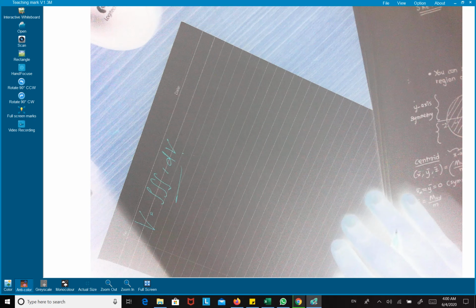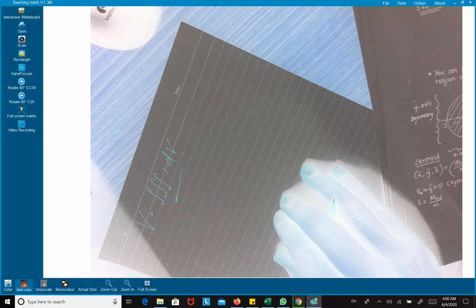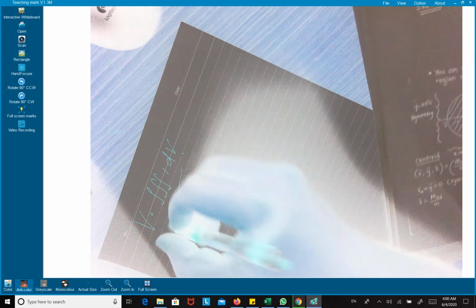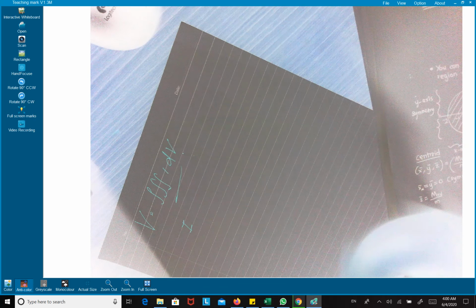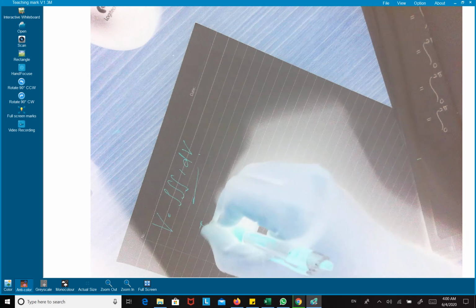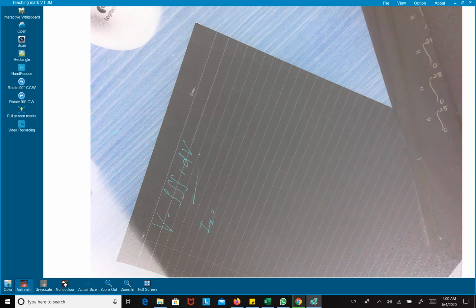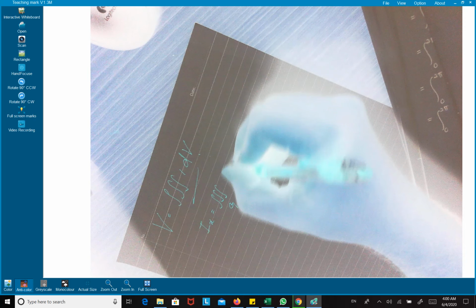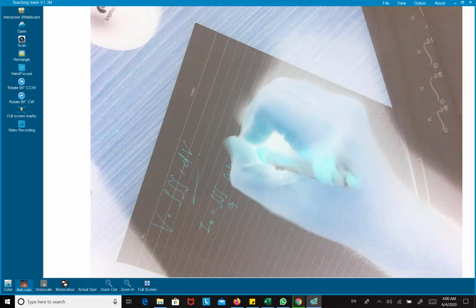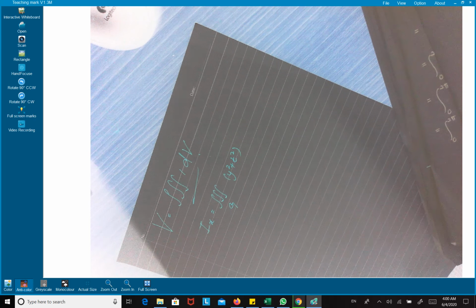Okay, for moment of inertia of solid about x-axis, inertia about x-axis will be triple integral under surface G y squared plus z squared times with the density times with dV.